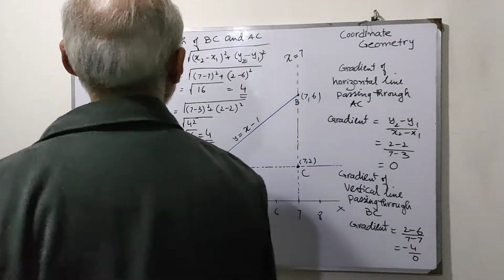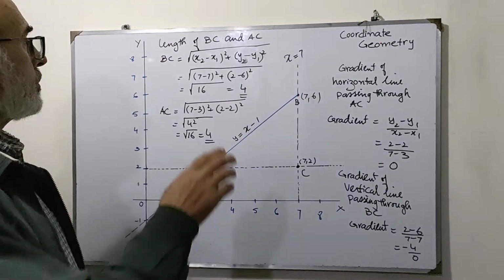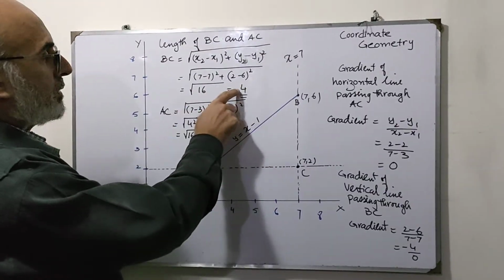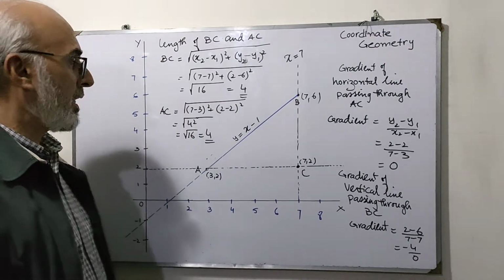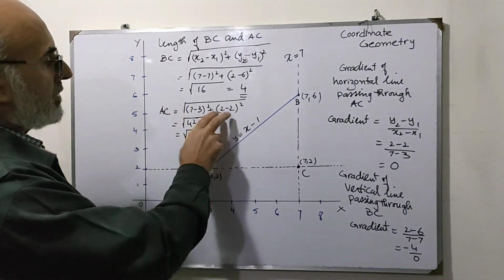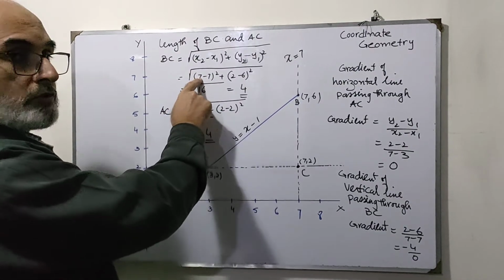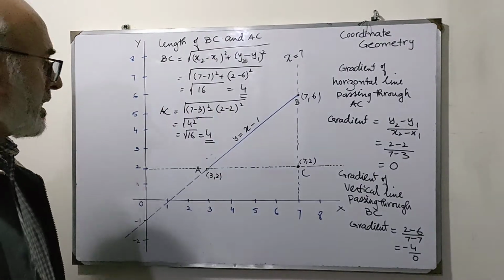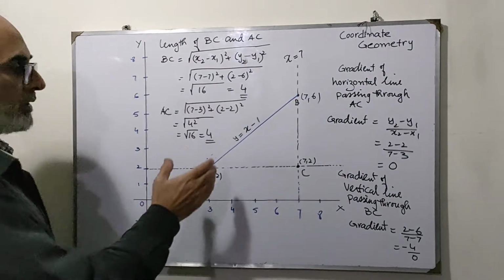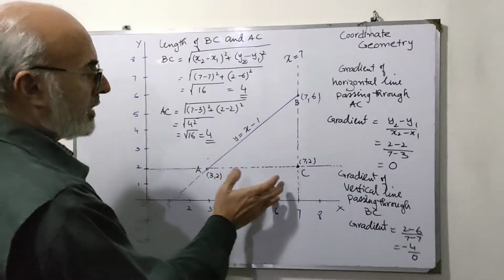Okay, we have calculated the length of BC, which turned out to be 4, and the length of AC, which also turned out to be 4. And in both the cases, we can see here, there was no change in the x-axis, there was no change in the y-axis.